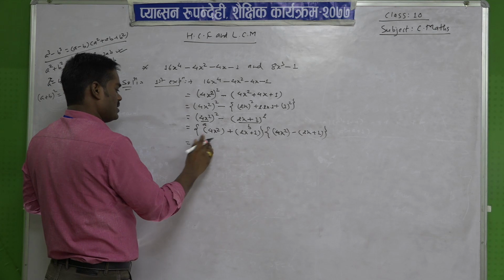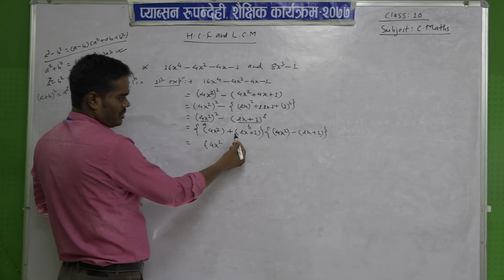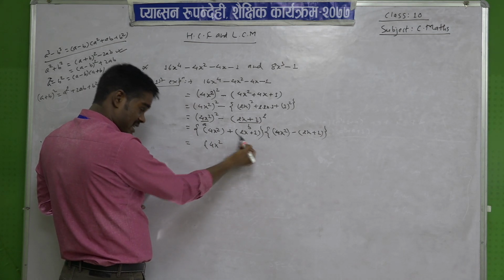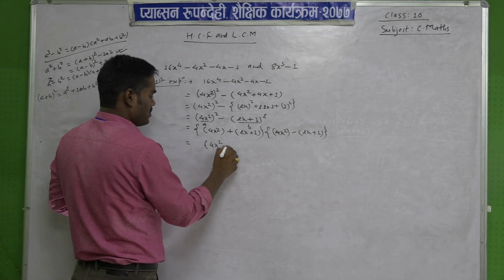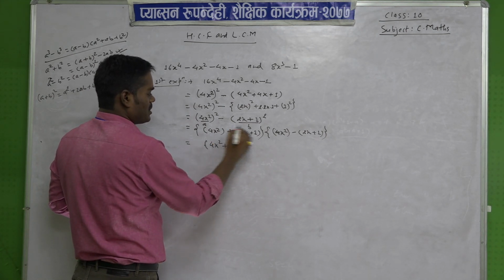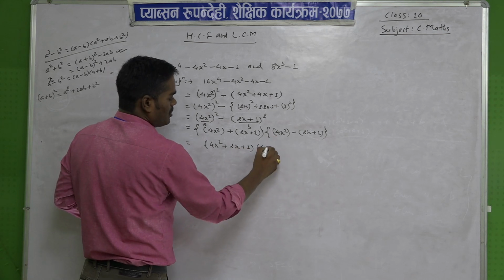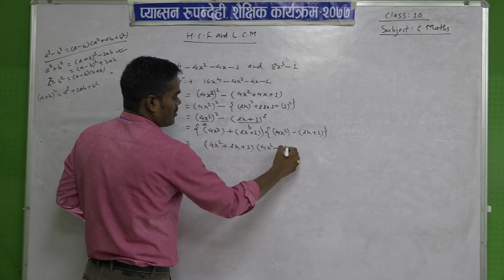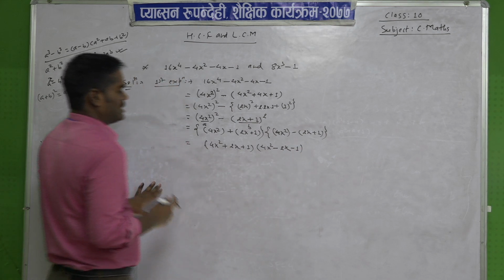So it became what? 4x square, you know, while opening the bracket this sign will multiply whatever sign is inside the bracket. So plus into plus plus 2x, plus into plus plus 1, and likewise here also 4x square, minus into plus minus, minus into plus minus.